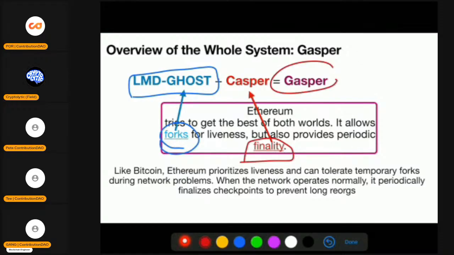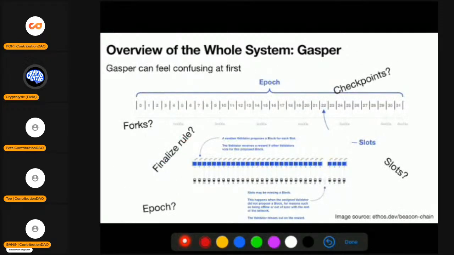Okay, so I think some of you might have read about Ethereum, and it might sound confusing if you are starting to explore Ethereum proof of stake or Ethereum 2.0. Because in Bitcoin or in Ethereum proof of work, you only have the concept of blocks, the fork choice rule, and mining.